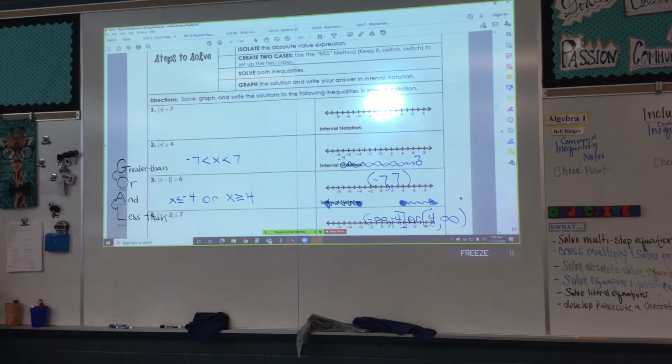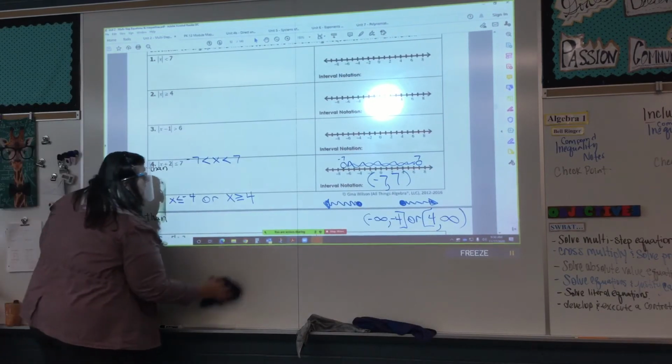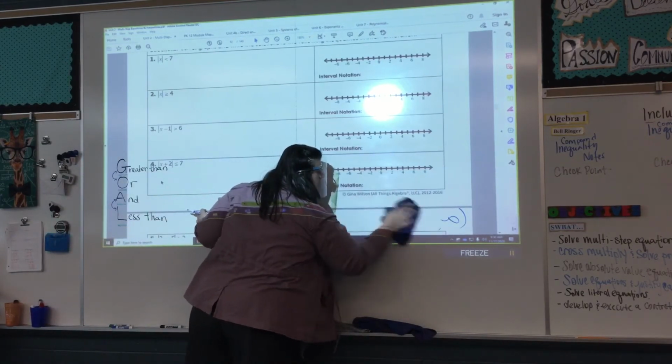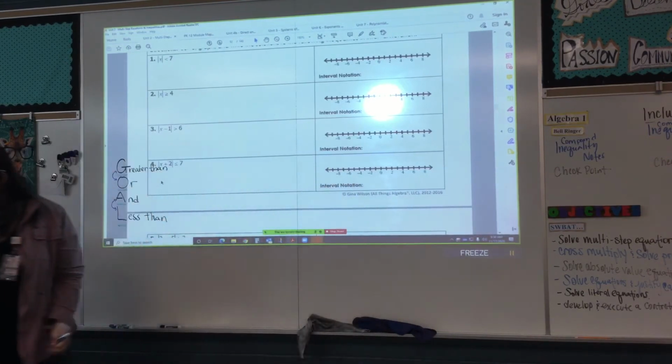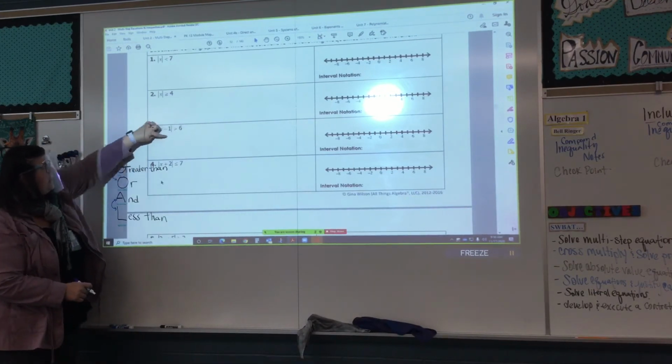Let me scroll this up a little bit more. Okay. I'm going to keep my GOAL up there just so that we remember. Greater than is OR, and less than is AND. All right, number 3. This is greater than.